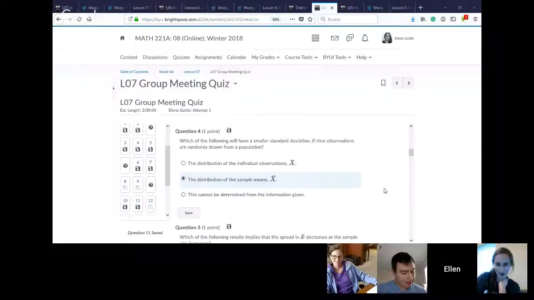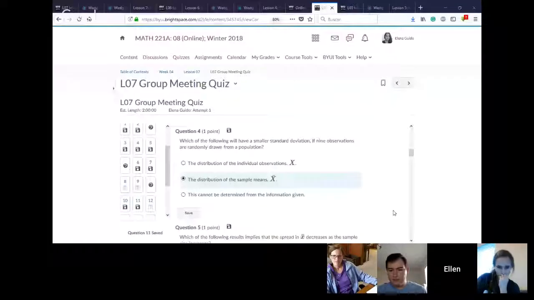I thought that it was the sample means because, let me read the question again. Yeah, the standard deviation is smaller because you have fewer chances of large numbers in the distribution.